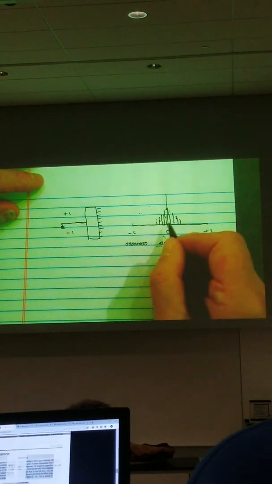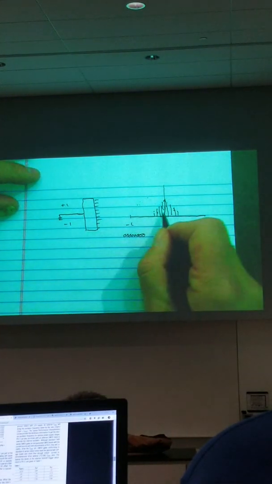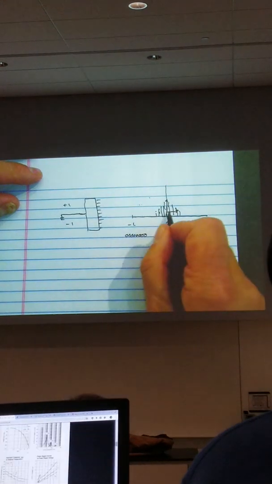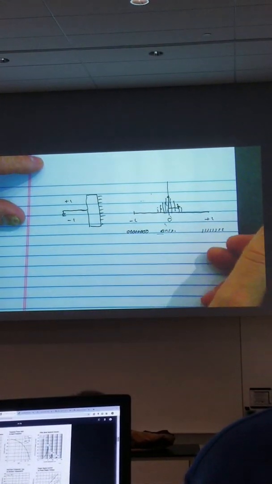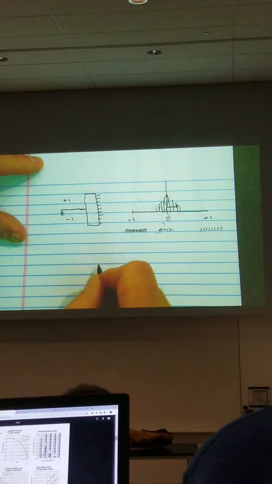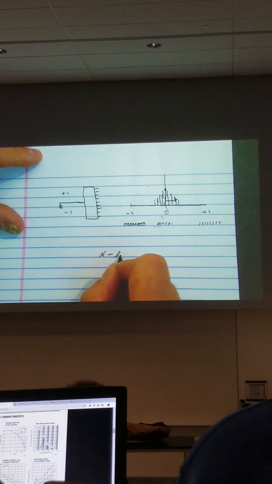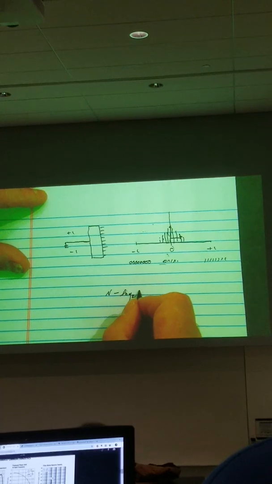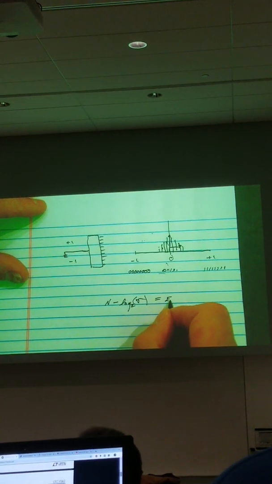If you look at the standard deviation of this in terms of least significant bits, how many LSBs is the standard deviation? Then n, the number of bits in your converter, minus log base 2 of the standard deviation will give you the effective number of bits.